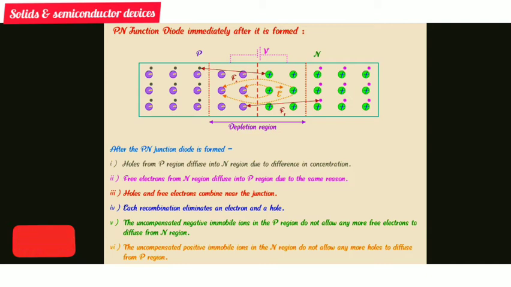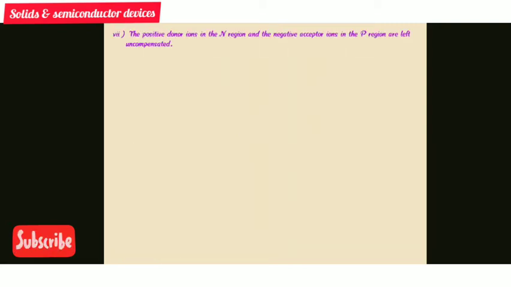Sixth, the uncompensated positive immobile ions in the n region do not allow any more holes to diffuse from the p region. Seventh, the positive donor ions in the n region and the negative acceptor ions in the p region are left uncompensated.